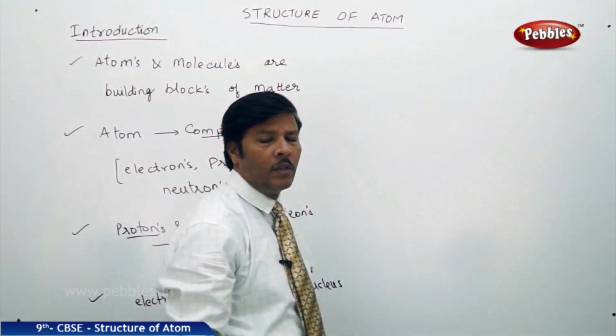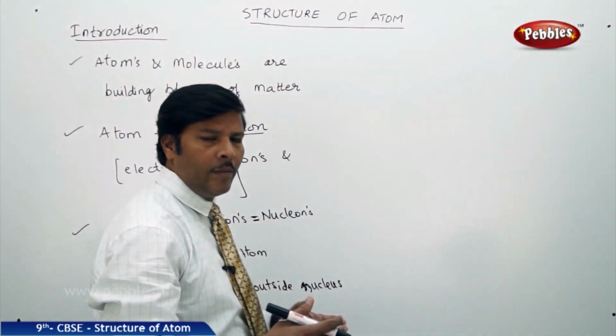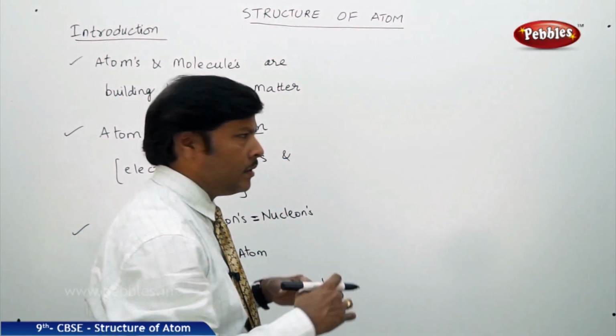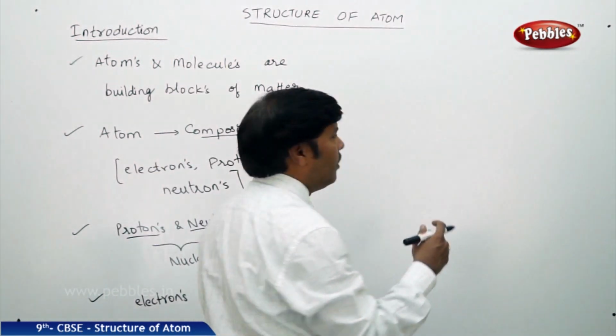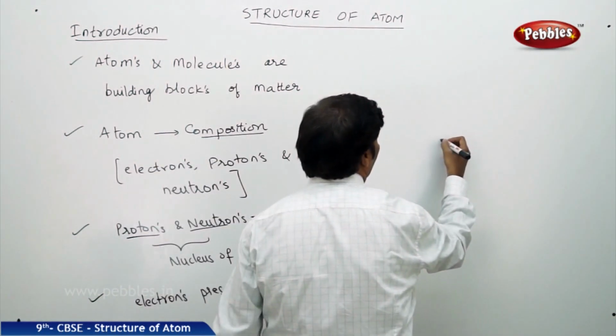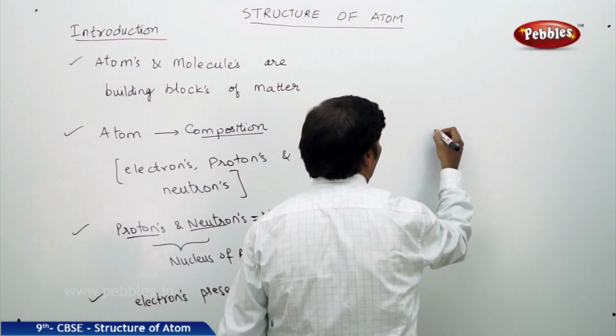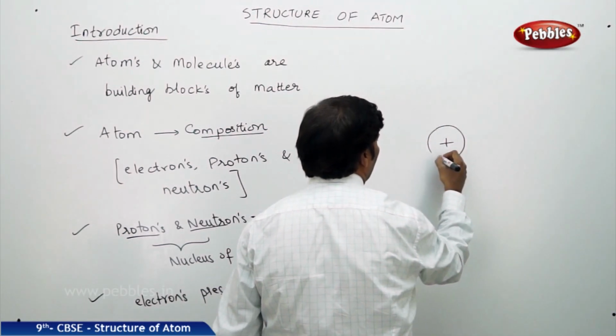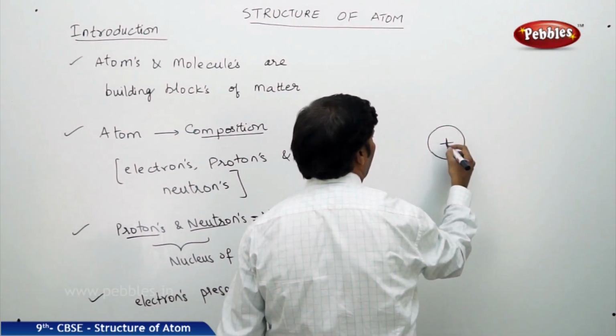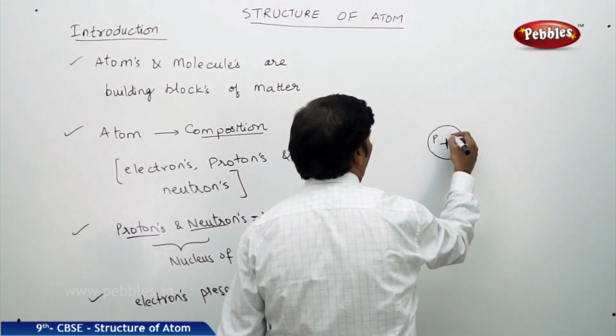So if you take a simple empirical structure of the atom, here you can take the positively charged nucleus. This is the positively charged nucleus, and it is made up of two fundamental particles.